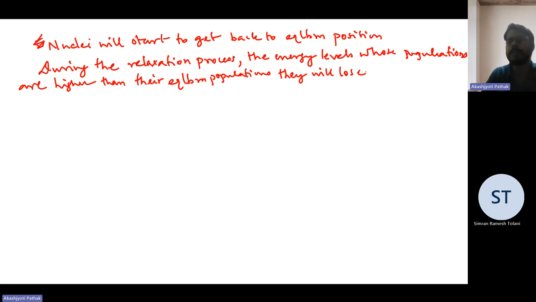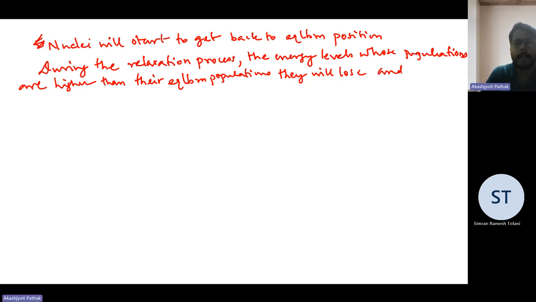That means during the relaxation process, the nuclei from those energy levels will come down to the nuclear energy levels where at the equilibrium state the population was lower.